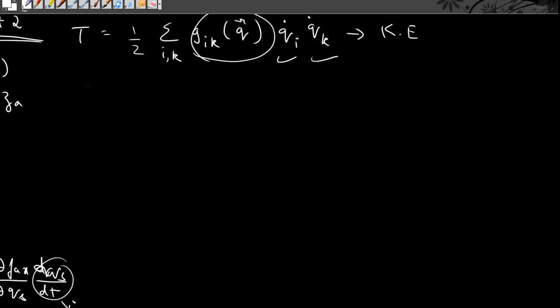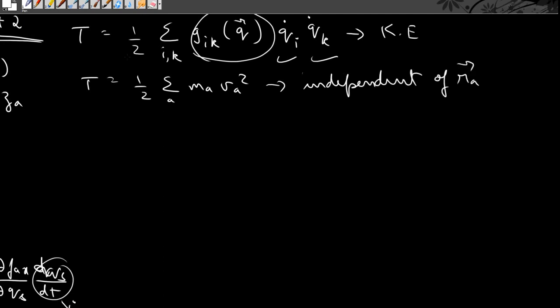Initially we had T equal to the summation over a of m_a v_a squared. This form was independent of r_a, but this form is dependent on q.